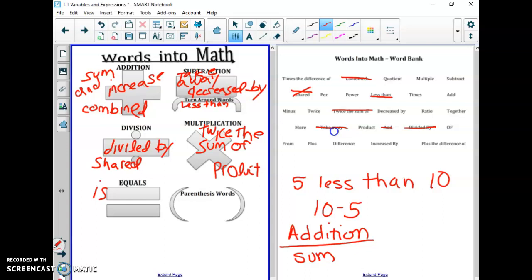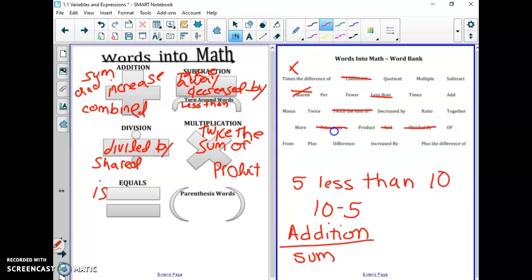You would think that difference kind of makes you think division, but this one is actually not division. It's multiplication. It's times the difference. It's multiplication of a subtraction, actually. So "difference of" is subtraction, and "times" is multiplication. So we're multiplying the result of a subtraction.